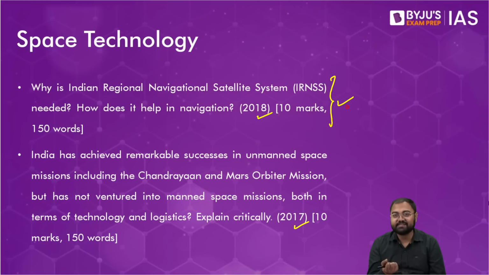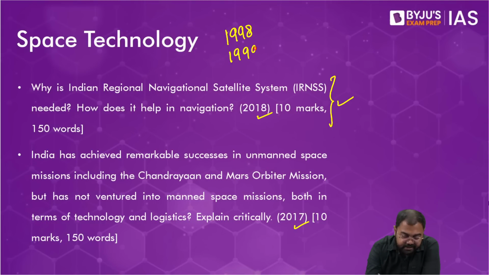Also, it is very necessary to depend on our own technology, plus our learnings from the past, whether it is 1998 or 1999, which made us realize the importance of having our own navigation system. In 1998, when we were doing the nuclear test, we were being spied upon with the help of GPS satellites.